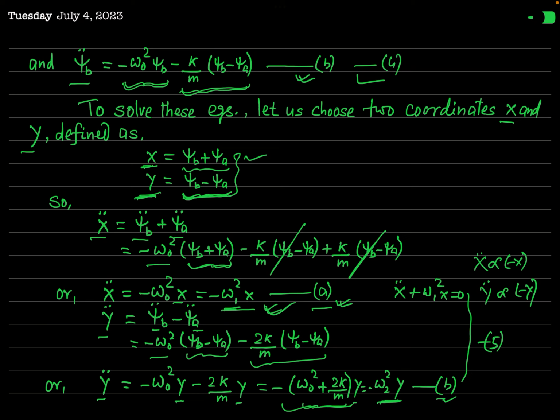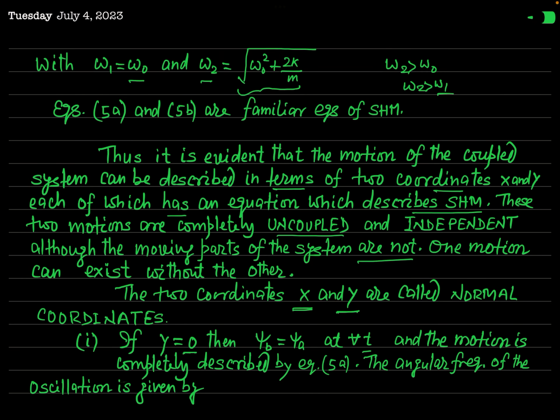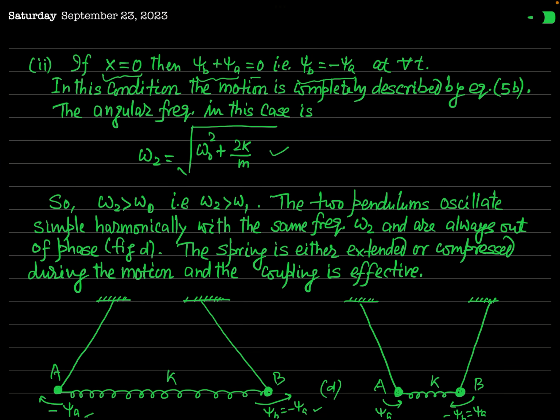So the angular frequency of oscillation in this condition is the square root of omega naught square plus 2k by m. And as I have told you earlier, this omega 2 is greater than omega naught or omega 1.